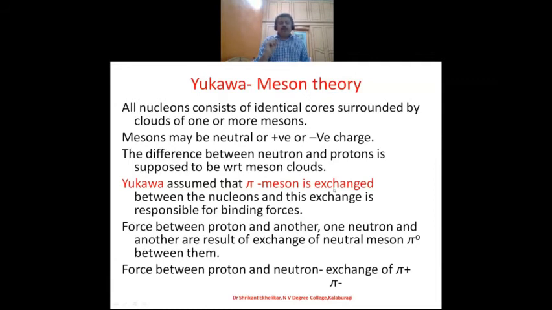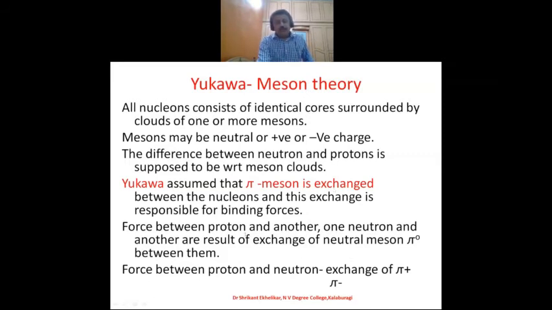A proton emits a pi meson and a neutron absorbs the pi meson; a neutron emits a pi meson and a proton absorbs the pi meson. Therefore, there is an exchange of the meson particle between proton and neutron, because of which the force is created.